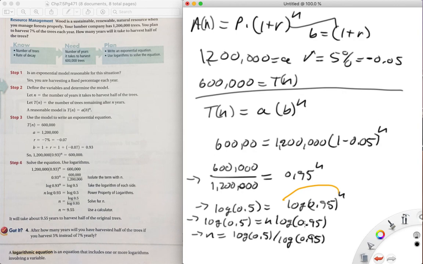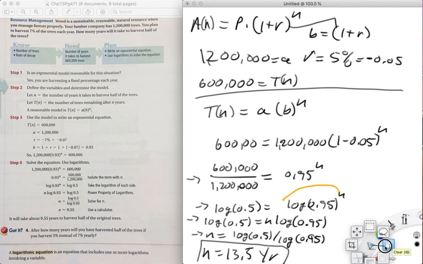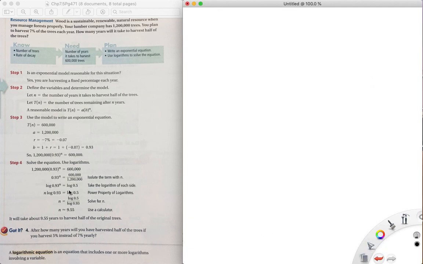We do that, and we get approximately 13.5 years for them to cut down half of the trees. It's a damn shame. That's a lot of trees.